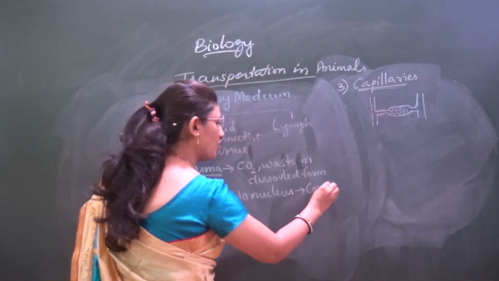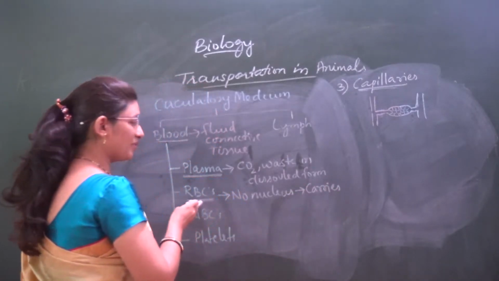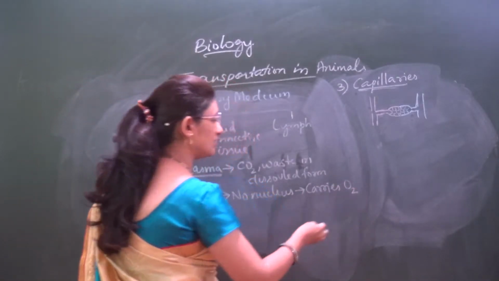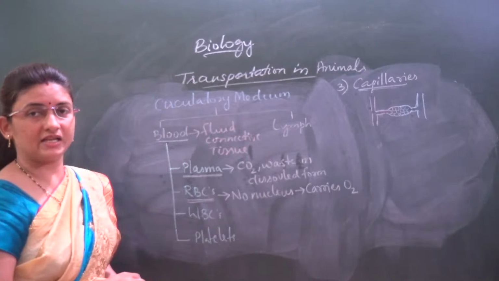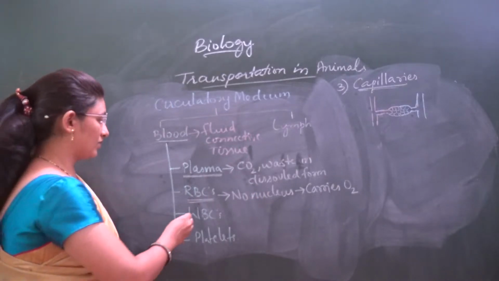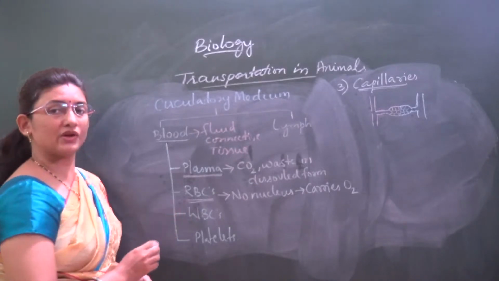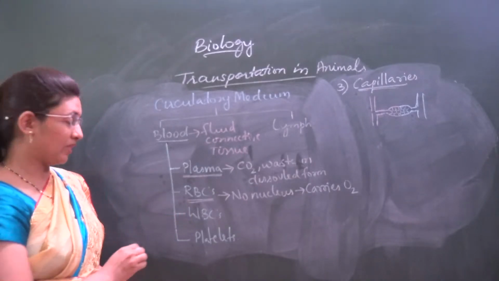So the most important function performed by the red blood cells is that they carry the oxygen to each and every cell in the body. Got it? So these red blood cells originate from where? They originate from the bone marrow.